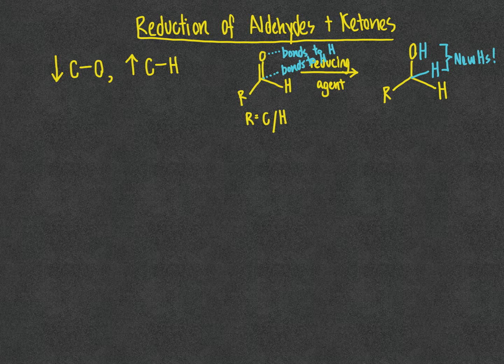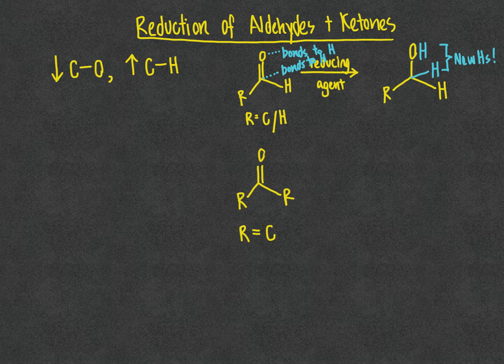Analogously, if we begin with a ketone starting material, a ketone by definition must have each of the two R groups represented by one or more carbon atoms here of a carbon chain, a carbon ring, or whatever else.